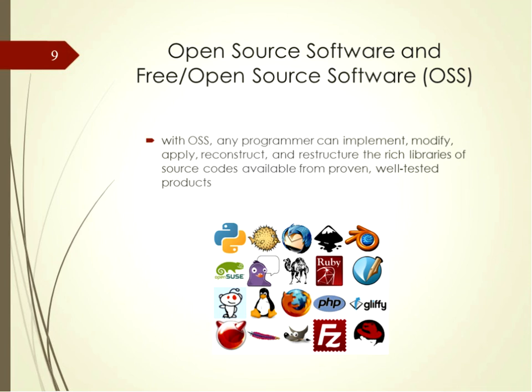With OSS, any programmer can implement, modify, apply, reconstruct, and restructure the rich libraries of source code available from proven, well-tested products. As Valdez 2008 notes, examples of OSS successes are the Internet, Google, Web 2.0, the Linux operating system, courseware such as Moodle, and the Veterans Affairs VistA Hospital system.